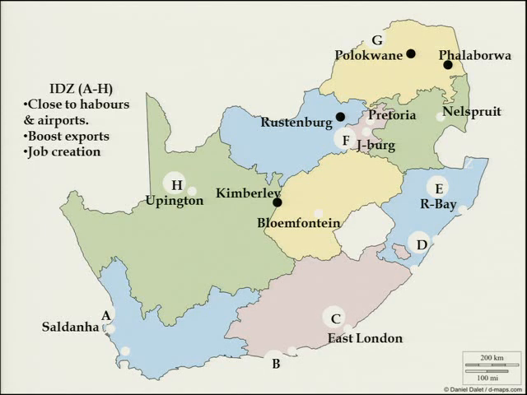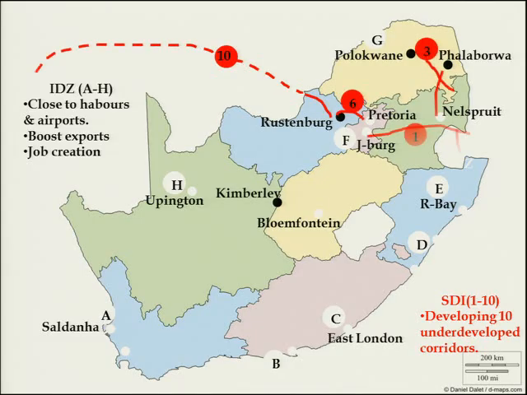If you look, there's Upington, there's Kimberley, there's Polokwane, there's Saldanha, there's East London. All these areas have been identified as industrial development zones. Let us look at the SDIs, the spatial development corridors that we have in South Africa. There they are.